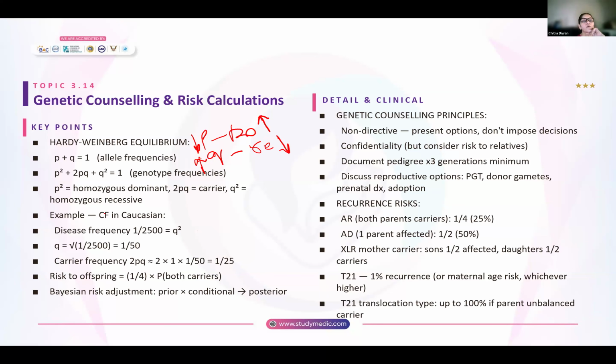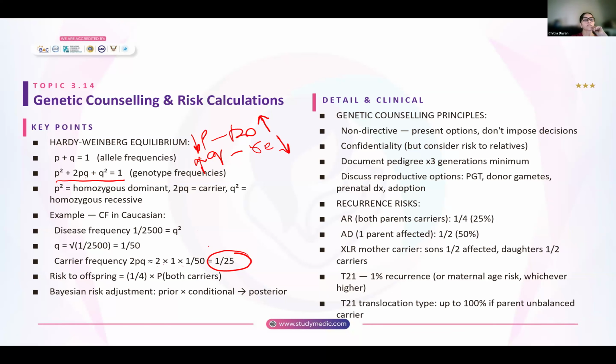Now, to calculate the carrier frequency, if you know this 2PQ, you will multiply by 1 in 50. So 2 into 1 into 1 in 50 will give you 1 in 25, that is the carrier frequency for the gene cystic fibrosis in Caucasians.